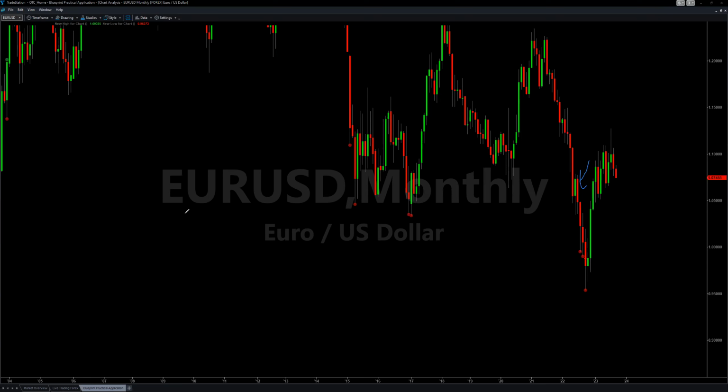But remember, our formation calls drop, base, rally, and we have definitely a drop, right? We have multiple red candles, a huge drop, a base, and then a rally. That means we could draw here our demand, maybe like this.